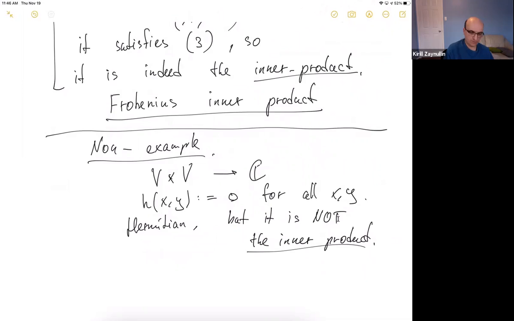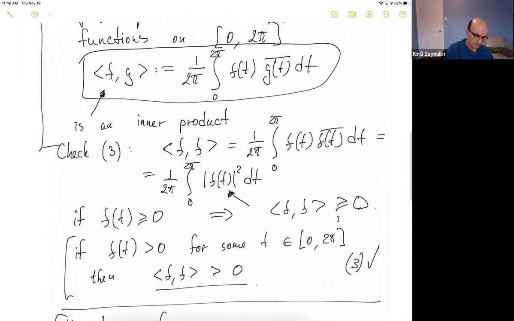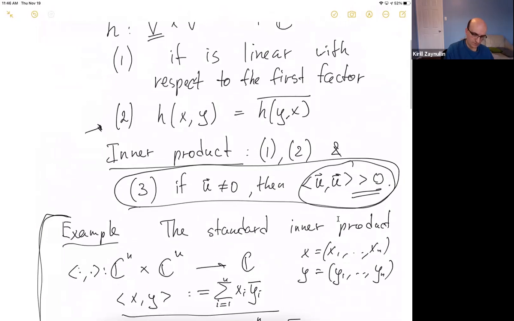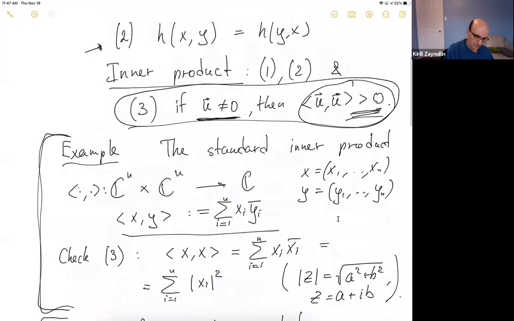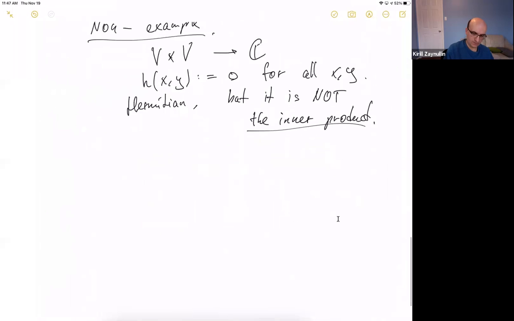Look again at condition 3, what does it tell us? If we apply our form to a non-zero vector, we must get something non-zero, actually strictly positive. But this is, of course, not the case for the zero form, because you will get 0 always. So this is clearly not an inner product.